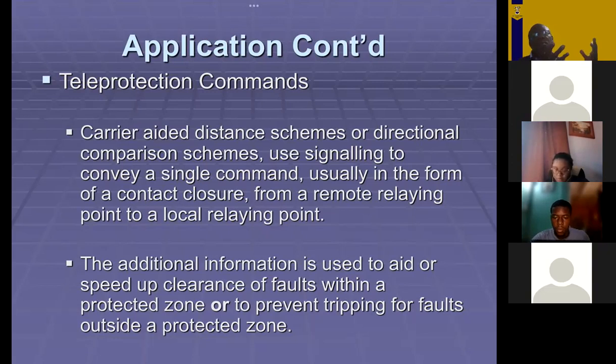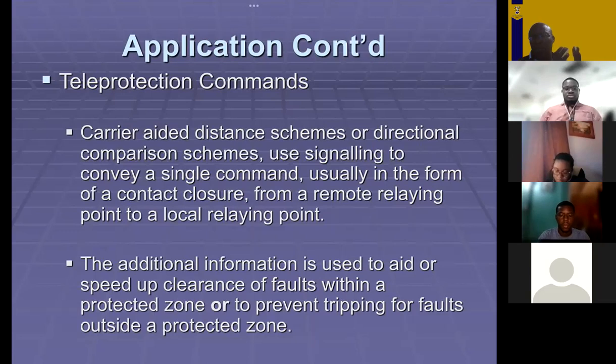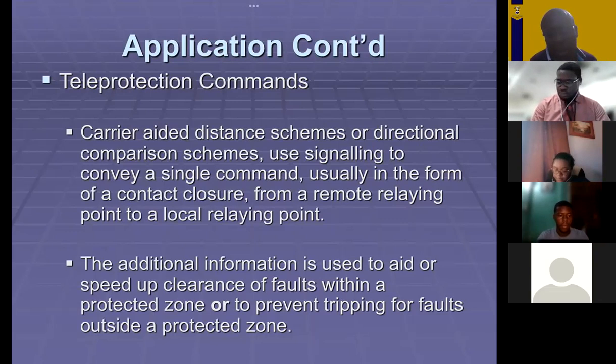In a sense, by sending the signal, we are providing inter-tripping, permissive tripping, all of that we looked at, as against blocking. So it can prevent tripping for faults outside the zone, and it also facilitates faster clearance. All of what we are saying has to now be tied back with the schemes that we looked at last week.